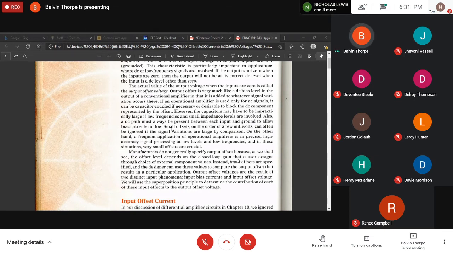But when you place that operational amplifier in a certain network configuration, by now you would realize that the gain of these networks is no longer dependent on the gain of the amplifier, but more so on the components that are used to design the network that you're using the operational amplifier in.